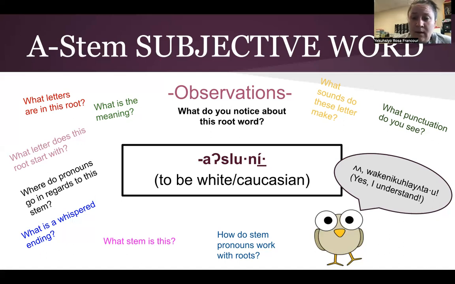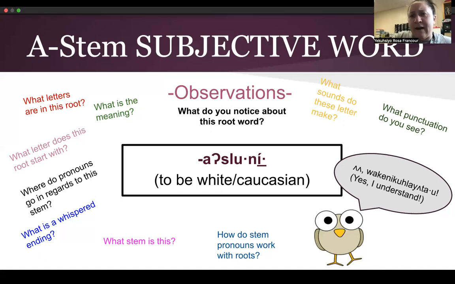So a few other things here. When we're looking at the questions, what do you notice about this root word? So I ask these questions before we even go over the changes because I want you to be a really critical thinker and speaker in our language. And when you have those skills of being a critical thinker and speaker, you know all these small important aspects of our language, and you can work front to back, side to side.